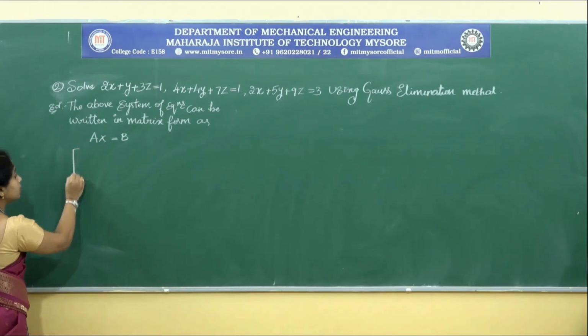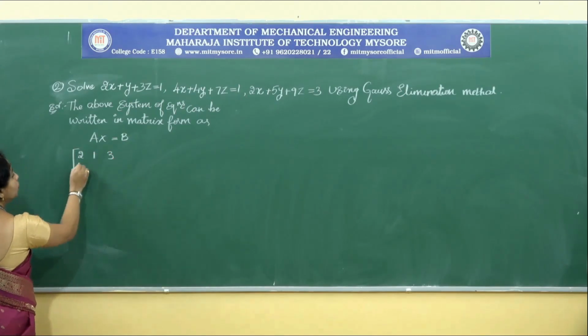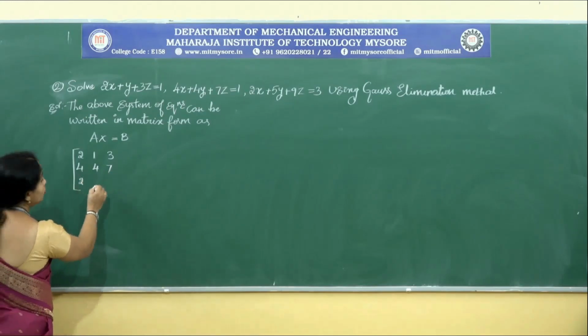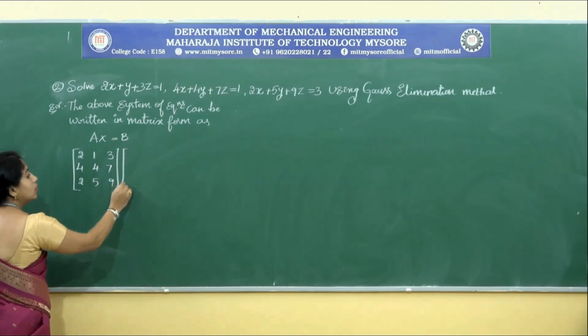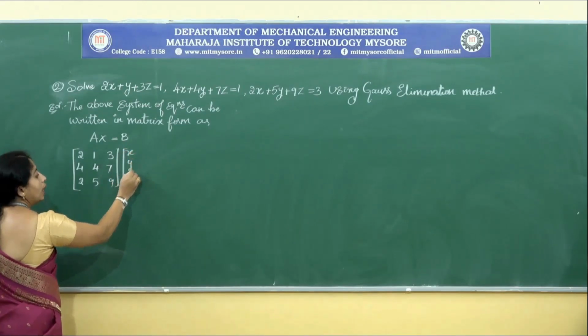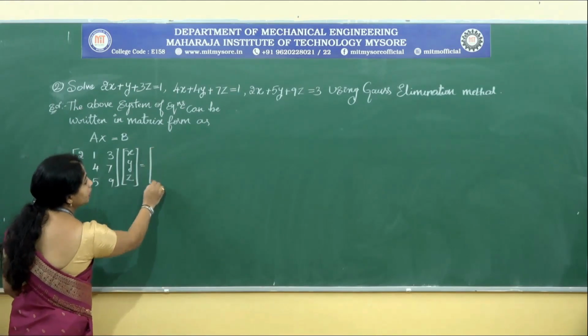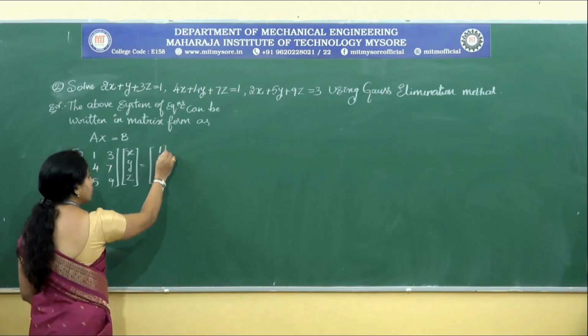The coefficient matrix is 2, 1, 3, 4, 4, 7, 2, 5, 9. Matrix of unknowns is, there are 3 unknowns, x, y, z, equals matrix of constants is 1, 1, 3.